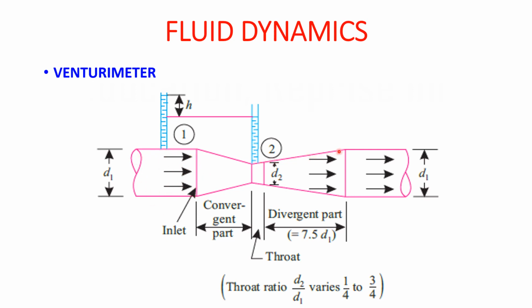Initially the head was this much, and when the water entered the throat section, it became this much. In order to recover the pressure which was there initially in the pipe, there is an increasing area in the divergent part.